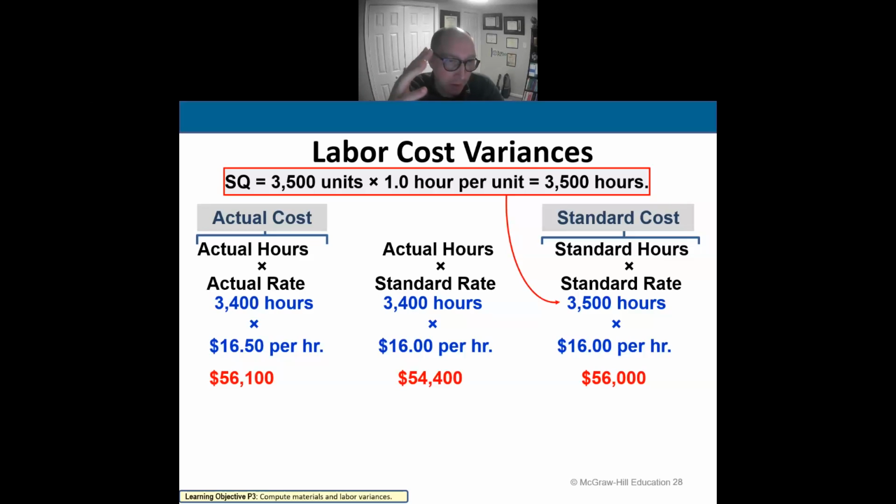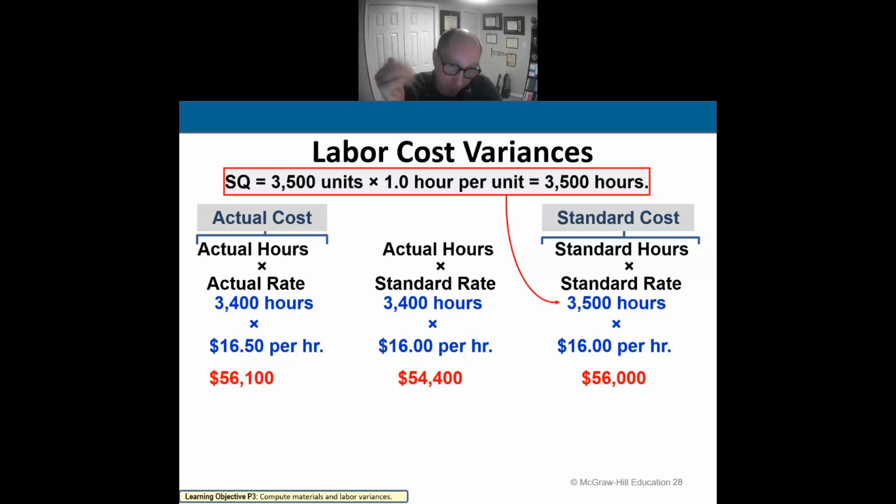My actual cost, I actually did it in less time, 3,400 hours, but paid my employees a little bit more, $16.50 per hour. Gives me an actual cost of $56,100.